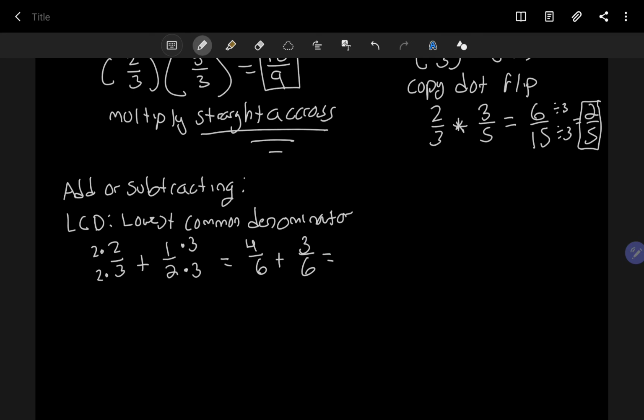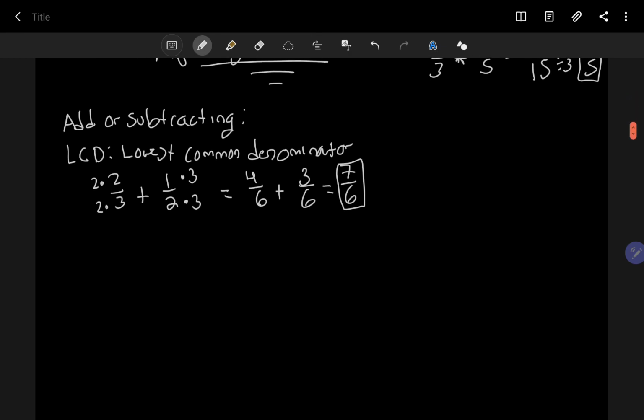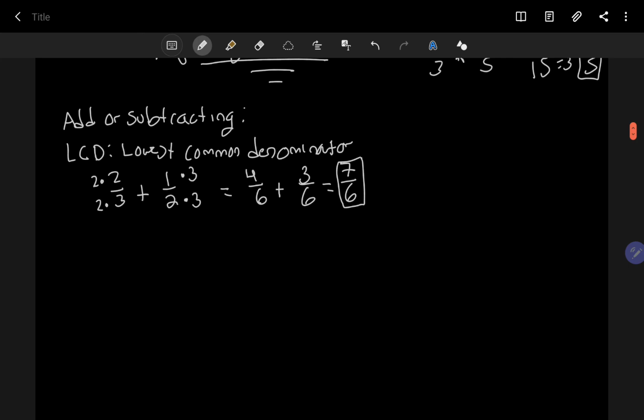So this is equal to, and now that we have the same denominator, I am pretty much done. So 7 over 6. Cool.